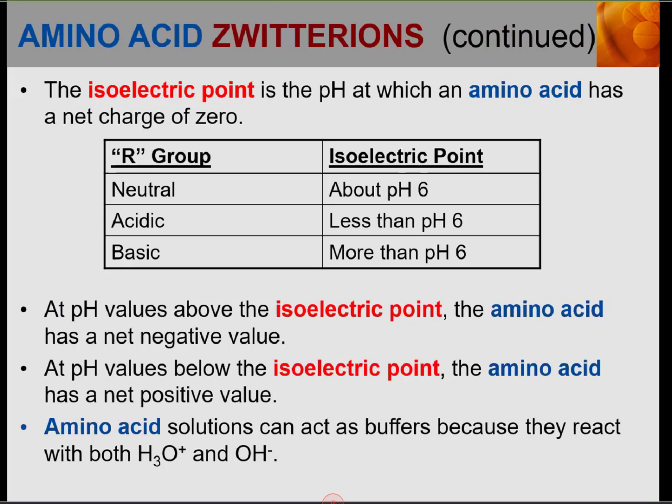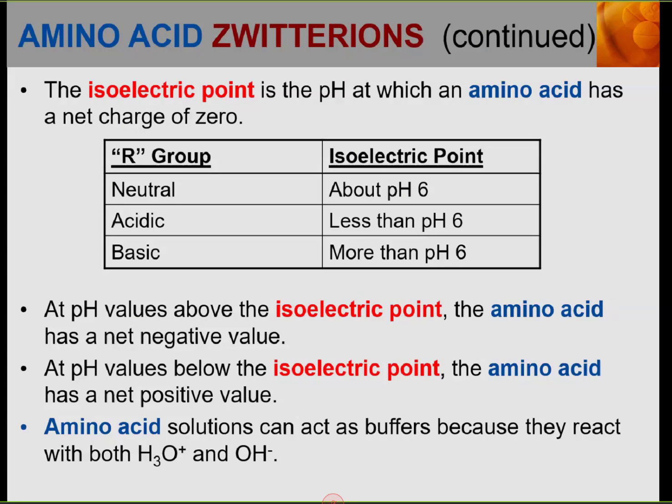And this you have to know. If the pH is above the isoelectric point, that's the first sentence there, then that's a basic situation. The amino acid has a net negative value. Why?